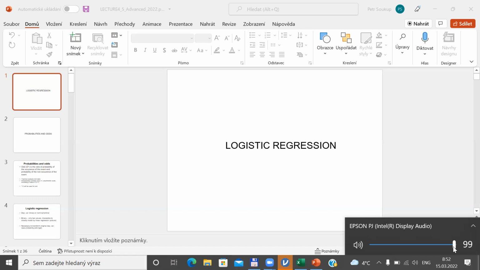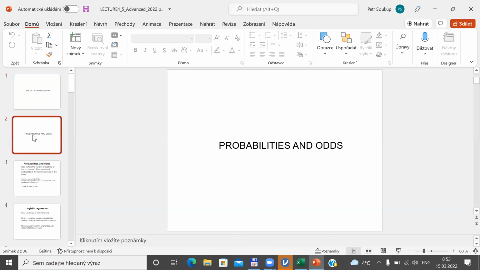And the first step we will be discussing will be, I would say, maybe a little bit theoretical, but I guess it is also a very practical insight into logistic regression, and for computations we would need to know about these concepts.